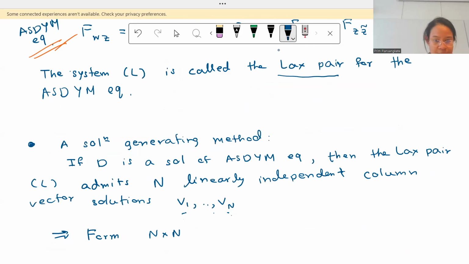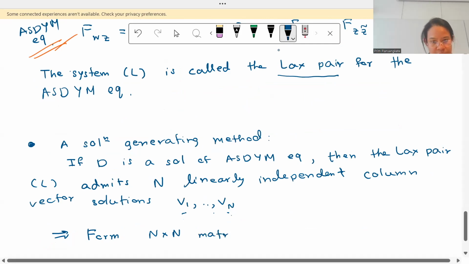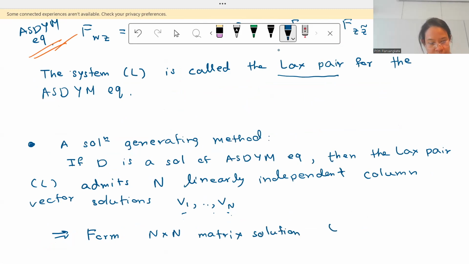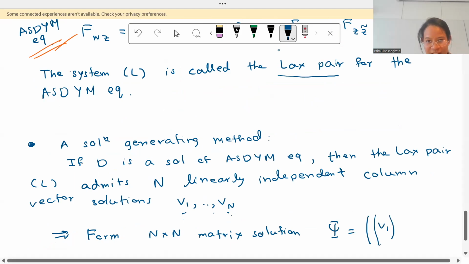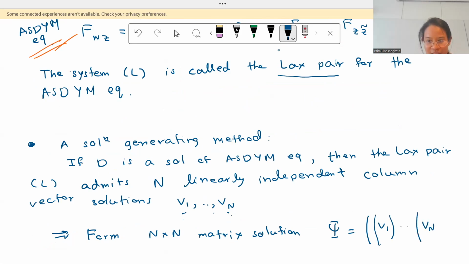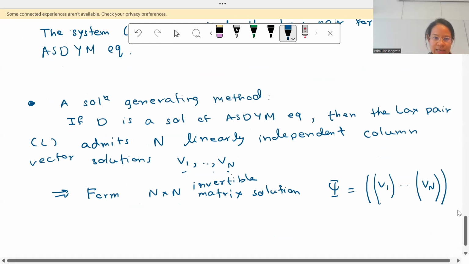So we can form an n by n matrix solution. And because the vector solutions are linearly independent, this matrix is invertible. Okay. Then the anti-pseudo-Yang-Mills equation guarantees the existence of this matrix solution.